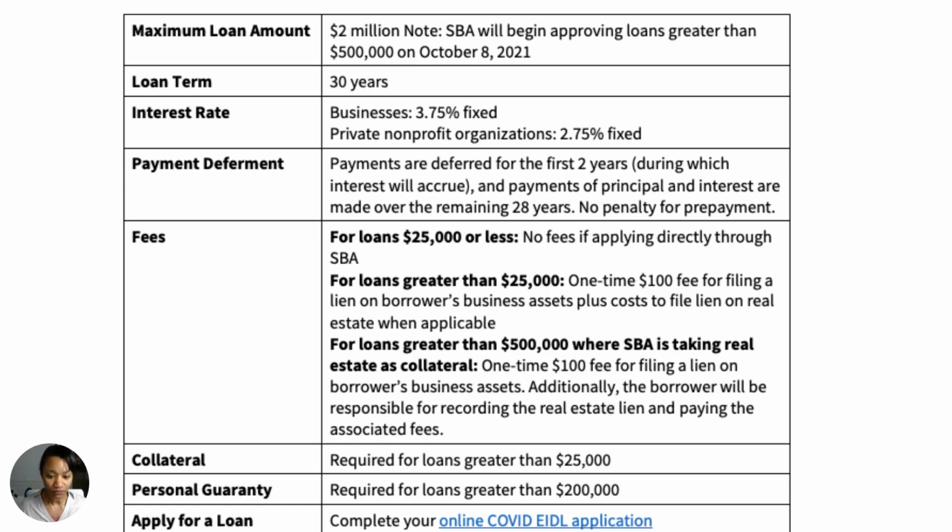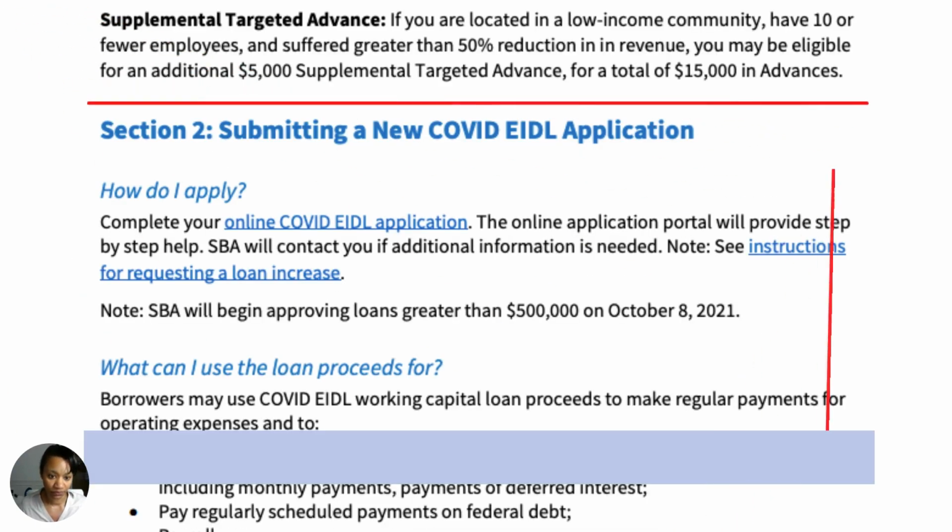Business collateral is used for any loans greater than $25,000. You have to have a personal guarantee for any loans greater than $200,000.